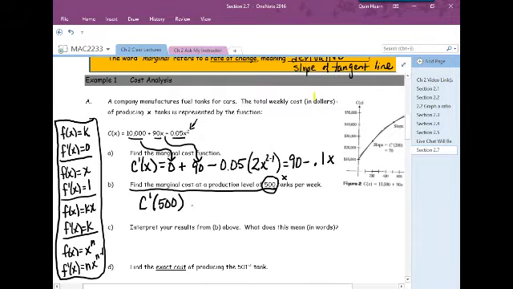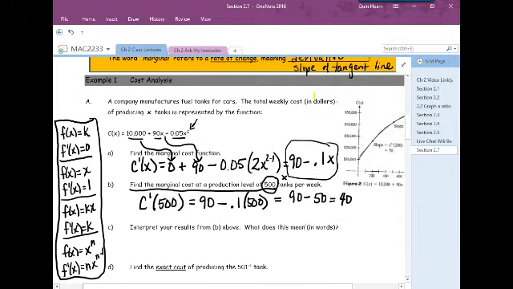All right, so C prime of 500, we're going to plug into this guy. So we're going to have 90 minus 0.1 times 500. All right, so that is going to be 90 minus 50, which is 40.